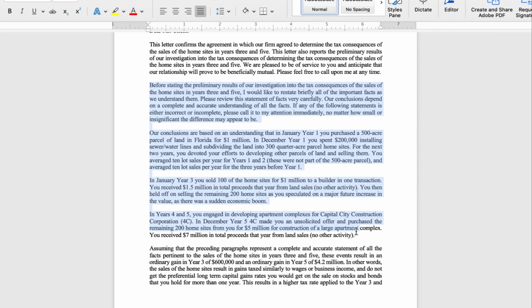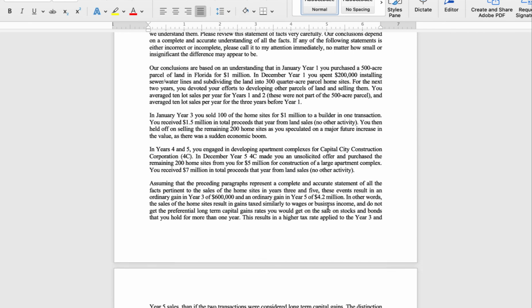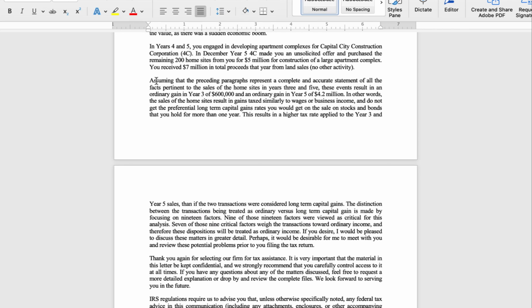So we did all the facts, and again, we copied and pasted and made it work better. Step 4 is to go through the results of what we've done, right? If you're doing a tax research project, what you determined, the conclusion, and a little bit about how you got there.